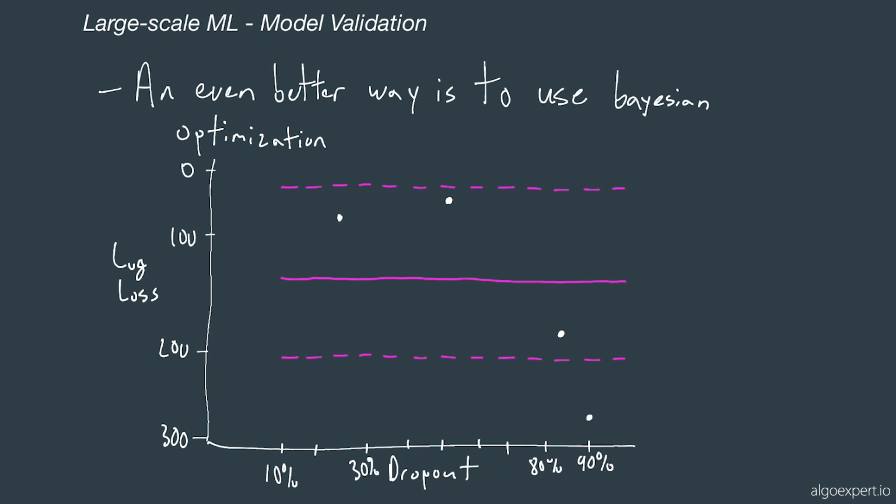Now the problem with this random hyperparameter tuning is that it uses no prior information about previous attempts. So let's compare that to Bayesian optimization. Well, here, let's say that we started out with the same exact point. So Bayesian optimization would start by randomly selecting it. So let's say here that we did start with the same value.